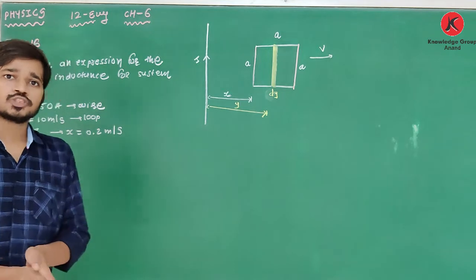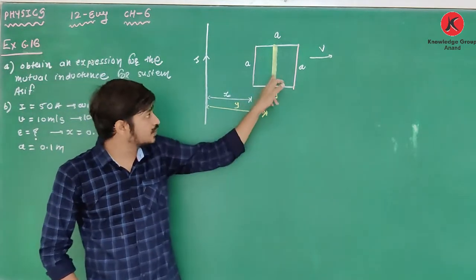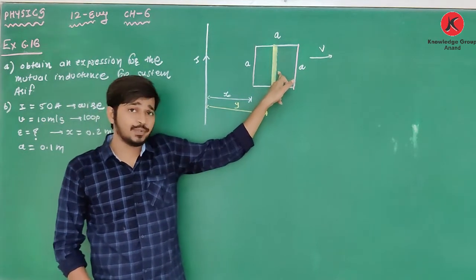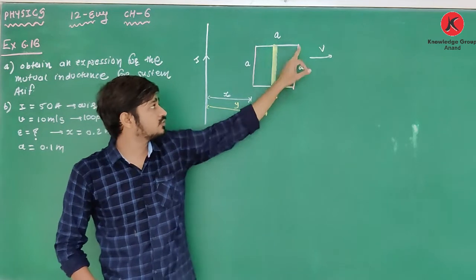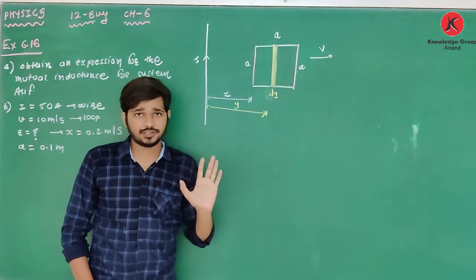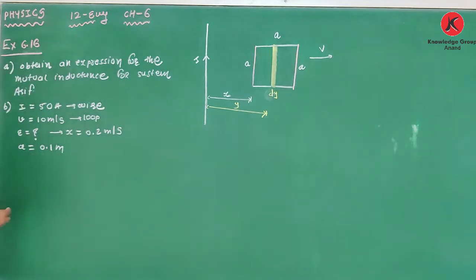Clear about this? So first I will find the flux passing through this element. To find the total flux passing through this square, I will integrate it. Clear about this?